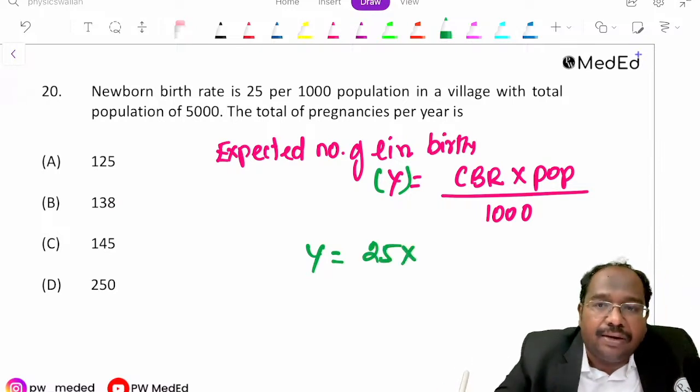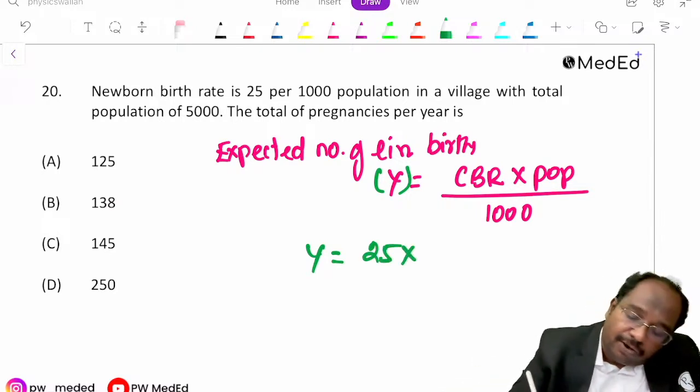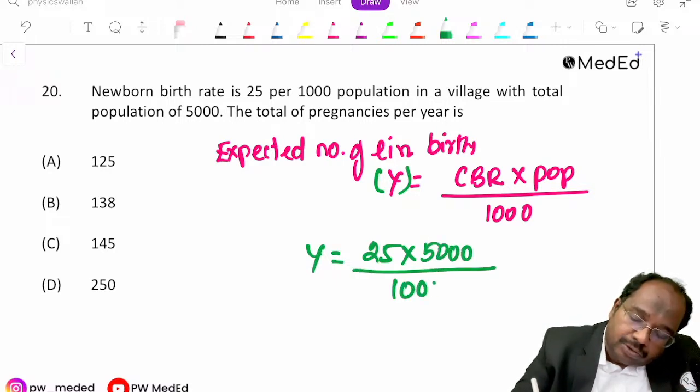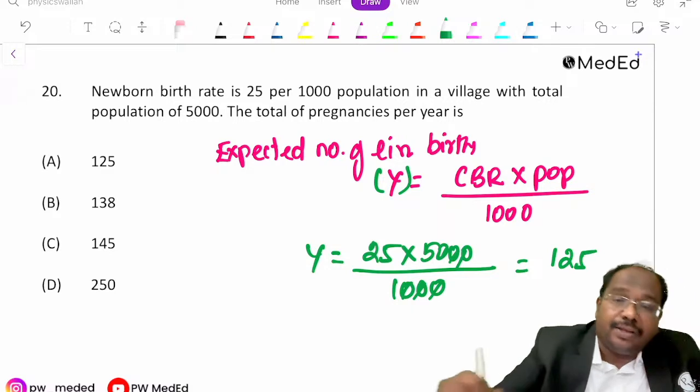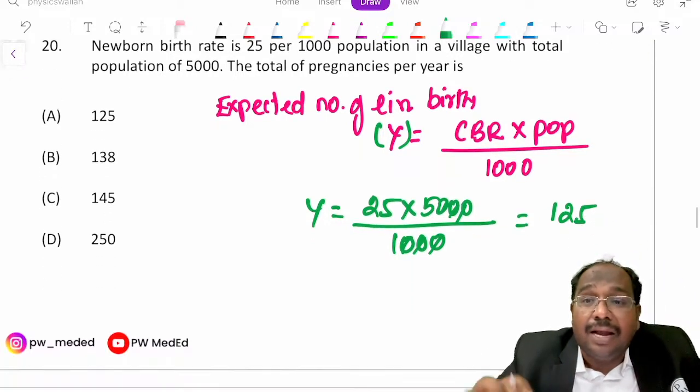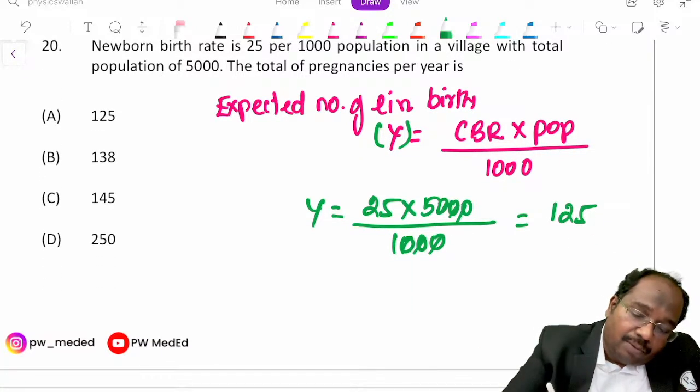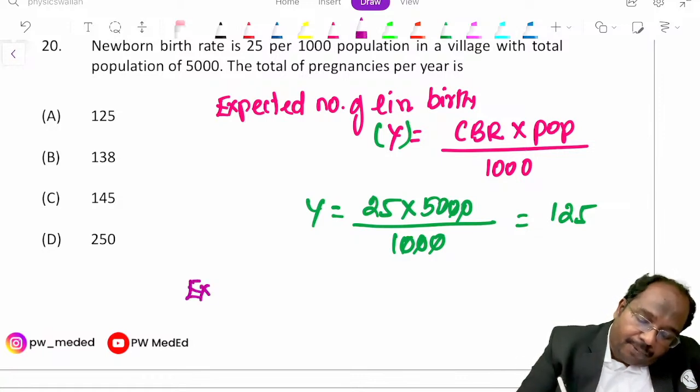The population given is 5000. 5000 divided by 1000, multiplied by 25, comes to 125. This is the expected number of live births. The second component is the expected number of pregnancies.